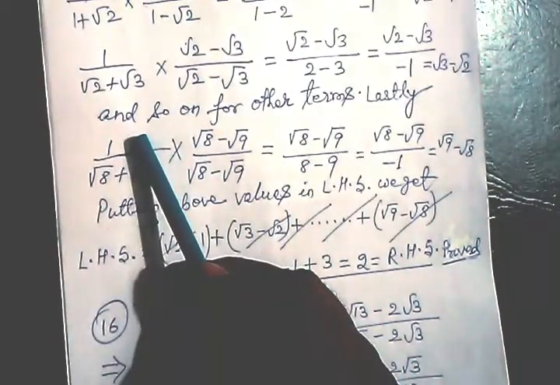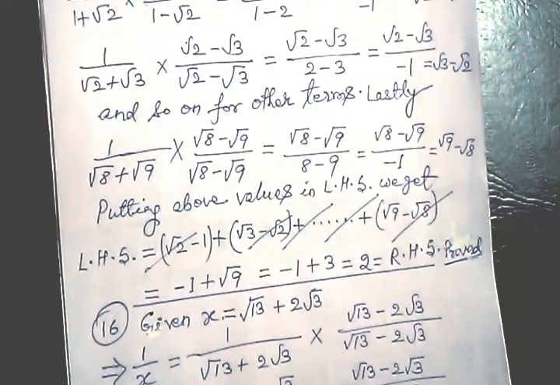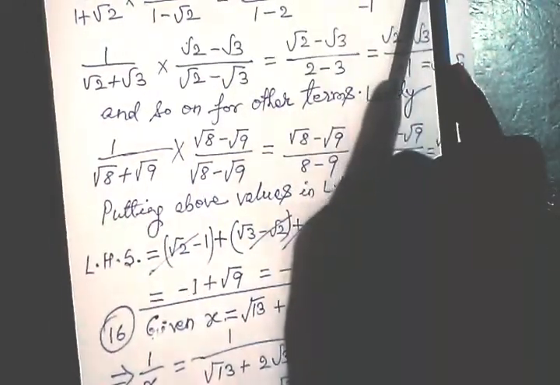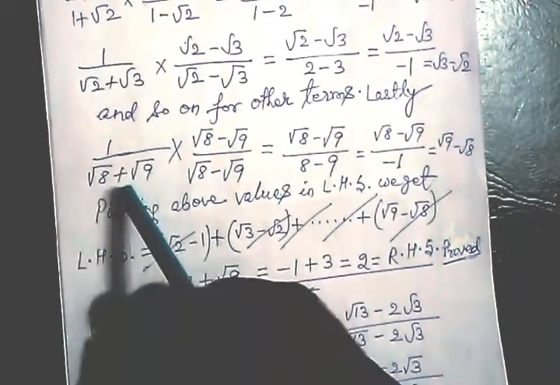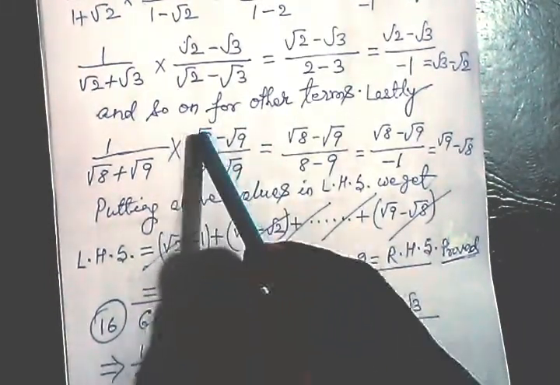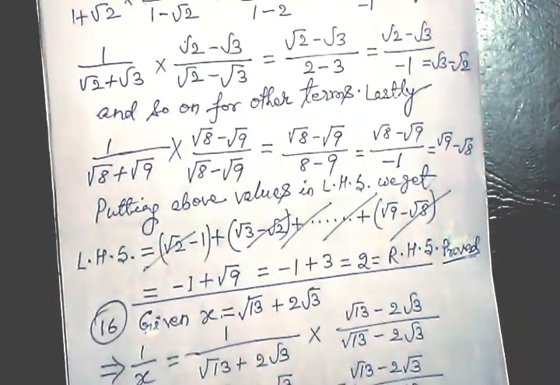It moves ahead for the third term, fourth term, fifth term, and so on, and lastly here is the last term. The last term is 1 upon root 8 plus root 9. For rationalizing we have taken root 8 minus root 9 upon root 8 minus root 9.